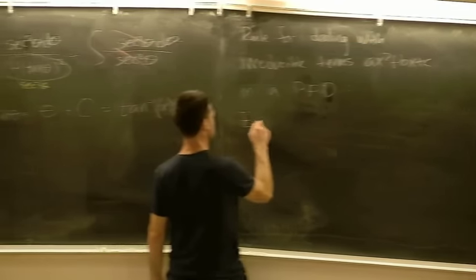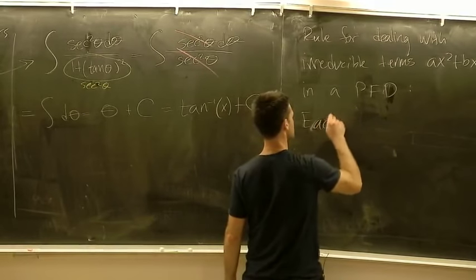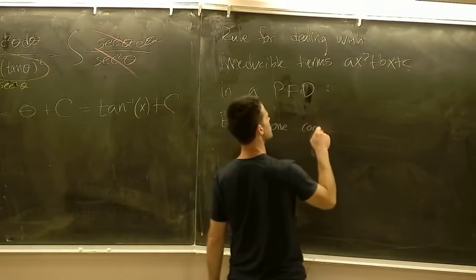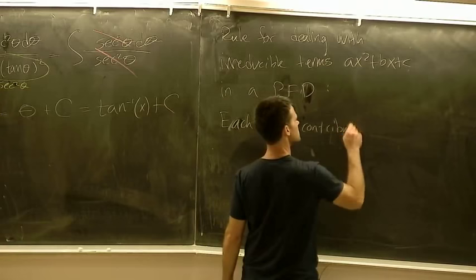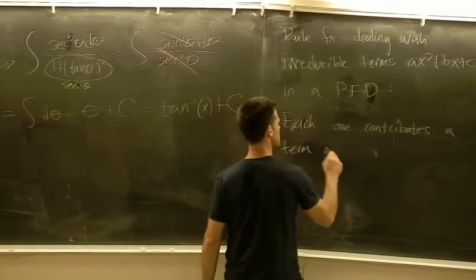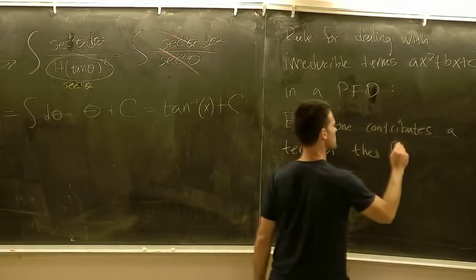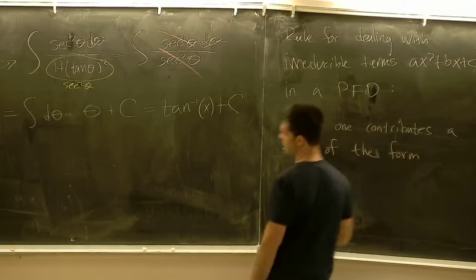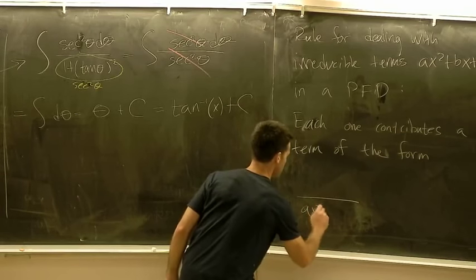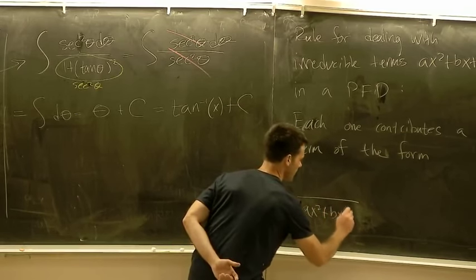And it's that each one contributes a term of the form. So we'll have this irreducible part in the bottom.